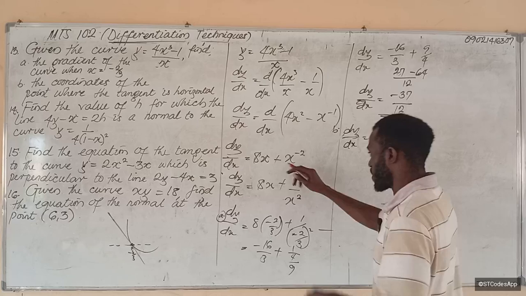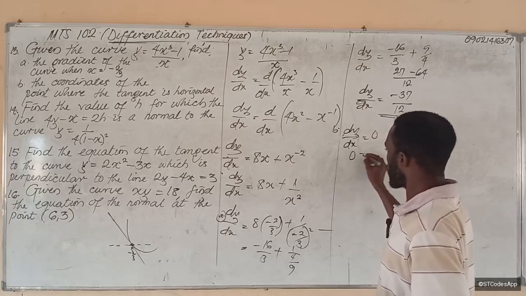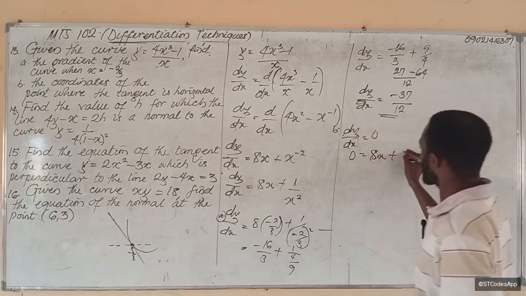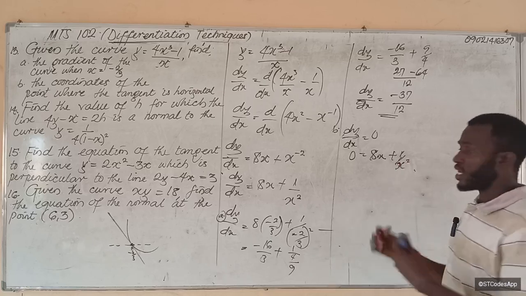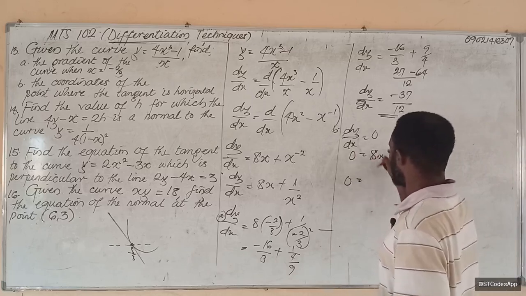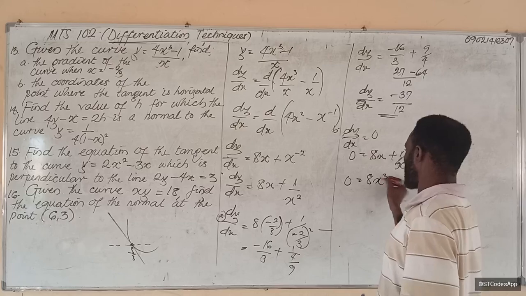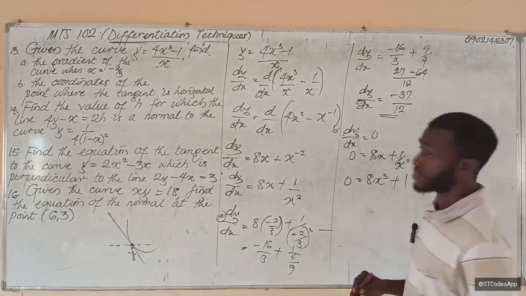And what's our dy/dx? This guy, right? So 0 will be equal to 8x plus 1 over x squared. Let's multiply through by x squared. We'll have 0 equal to 8x cubed plus 1, since multiplying this guy by x squared you get 1.